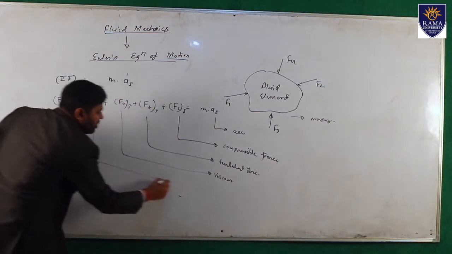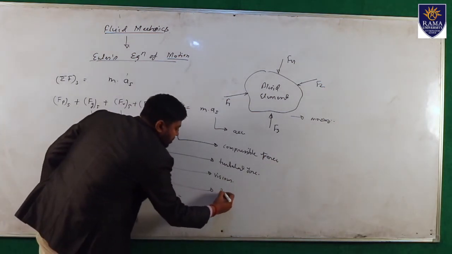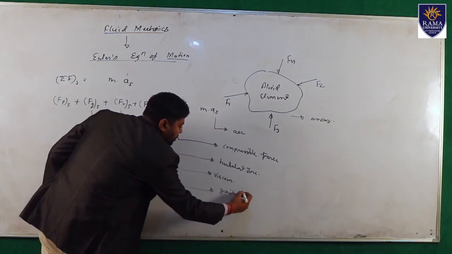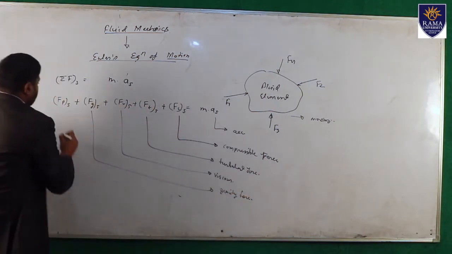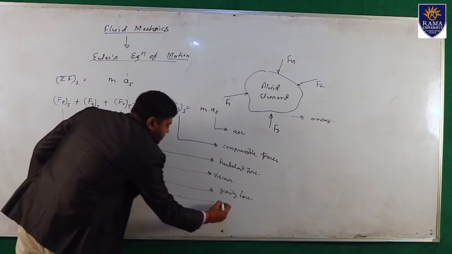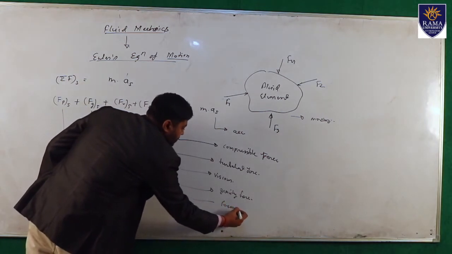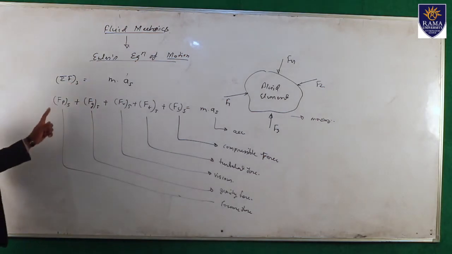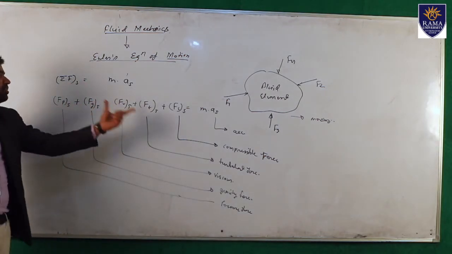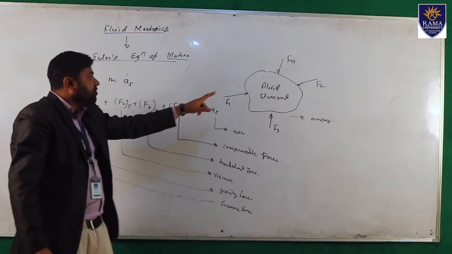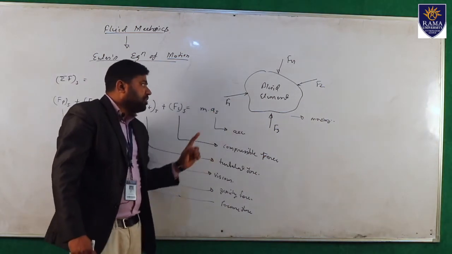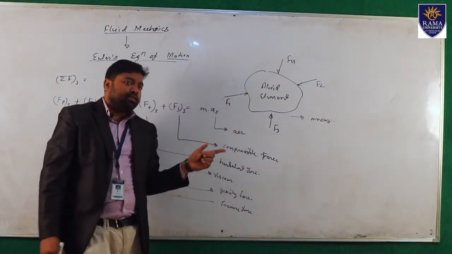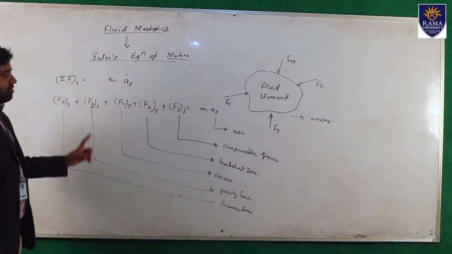Then Fg is the gravity force. Now the last one is the pressure force. So there are five forces acting on the fluid element, and the mass of the fluid element has acceleration in the direction of s.